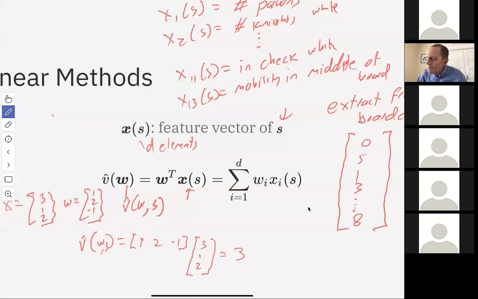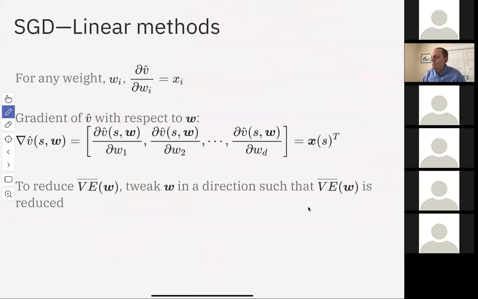And so in this linear method, if we're doing stochastic gradient descent, we want to know what the gradient is of our v hat function. If we look at any particular weight, the derivative of v hat with respect to the weight is just the associated x. Because remember, v hat is equal to the summation from i equals 1 to d of wi xi.